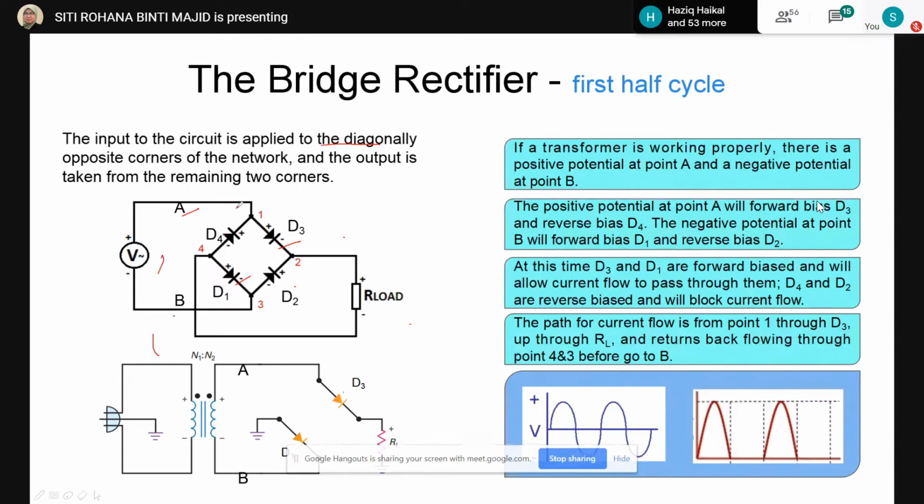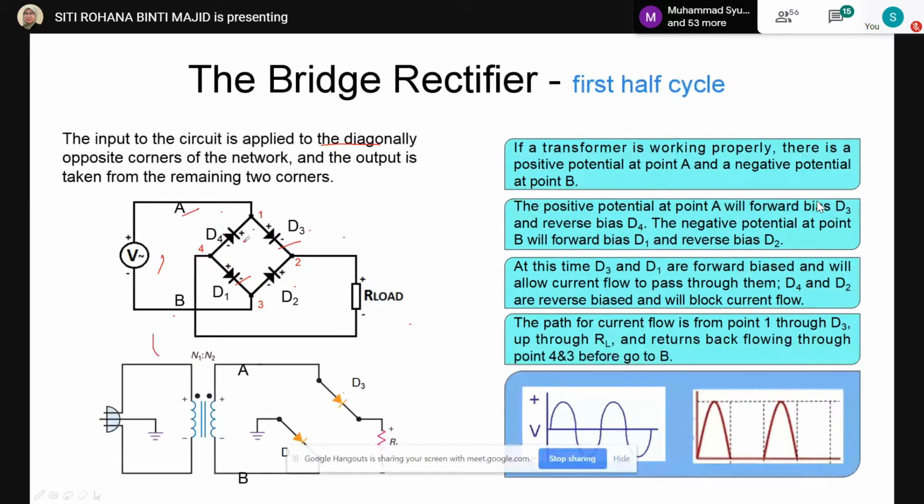The first one, the positive potential at terminal B will cause D2 to become forward bias, because the positive terminal of the power supply is attached to the positive terminal of the diode. And the second one, the positive potential at terminal B will cause reverse bias to D4.